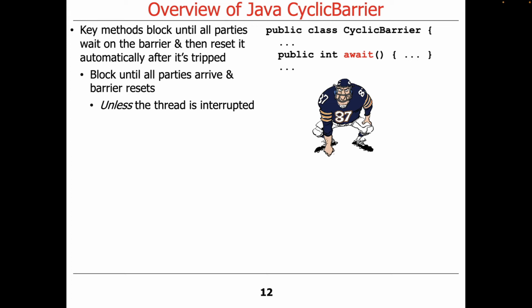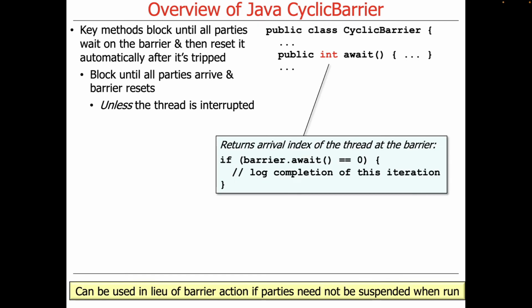The simple await call, which takes no parameters, will just block until all the parties arrive, or until the barrier resets. When it resets, it returns from await. However, the thread can be interrupted. You can see here that it returns a value, which is an int, and this is the arrival index of the thread at the barrier. So let's say we have 6 threads.